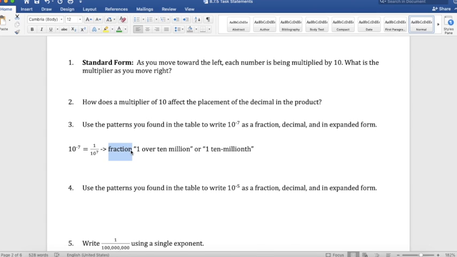Let's do the decimal. I'll put that first, actually. Decimal. So now we have 1 over 10 to the 7th power. So I should be dividing by 10. Now, here's a little trick. You have 10 to the negative 7th power, which really means you have 1 over 10 million. So really, we can think about place value, okay? So that's 1/10, right? So now if we add a 0, it's 1/100th.